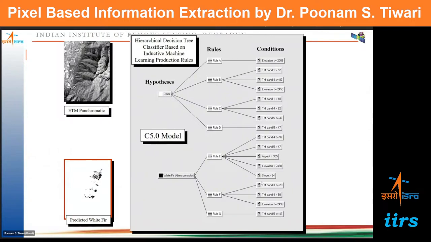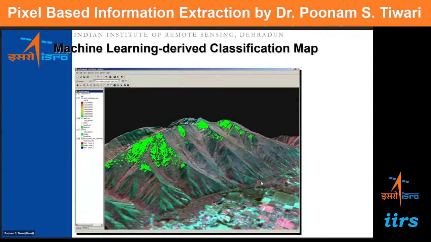If I am doing it manually, what should be the logic, what rules would I form for classification? Then transfer those rules, create a hypothesis, make the rules and conditions in the decision tree, and based on that, you can do the classification.